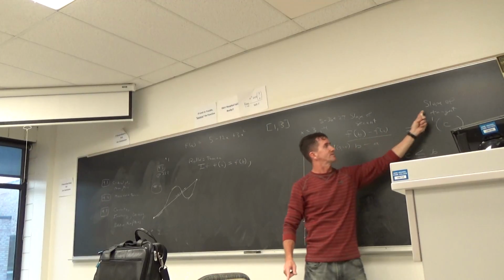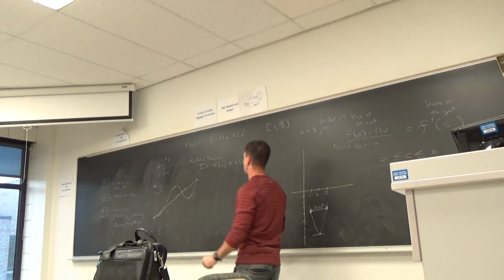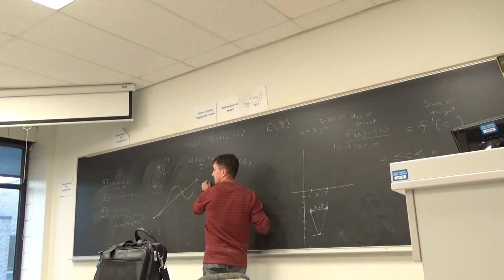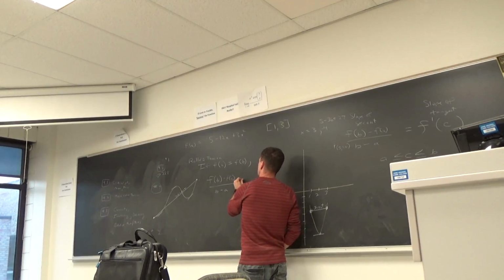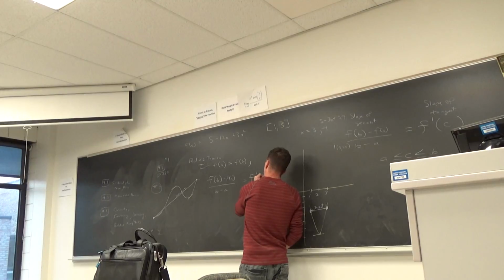Well, we can actually write this a little better, can't we? Because we could say this. Ready? f of b minus f of a over b minus a. What would all that equal? f prime of c. We're going to improve this.